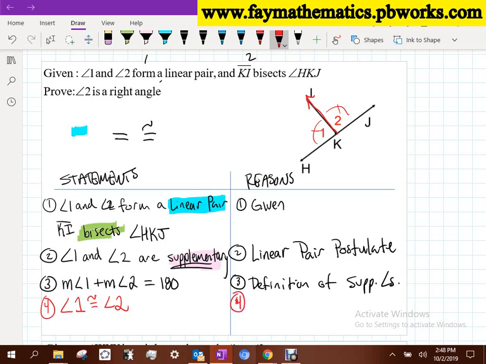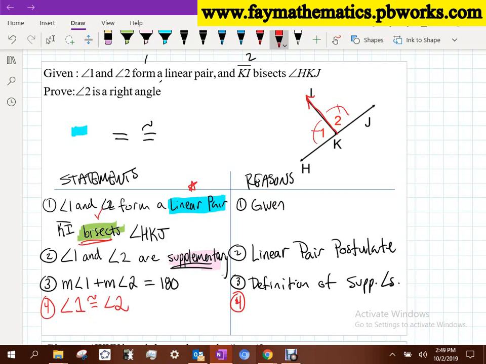Now, this one was unique. I said that because it's one of maybe 3 vocabulary words where, when we write something down, the reason will not be that vocabulary word. Here, bisect is a normal vocabulary word for proofs. And when you write something down that you know to be true because you looked at that vocabulary word, your reason will be the definition of that vocabulary word.